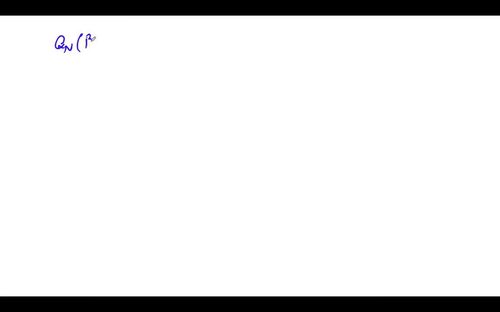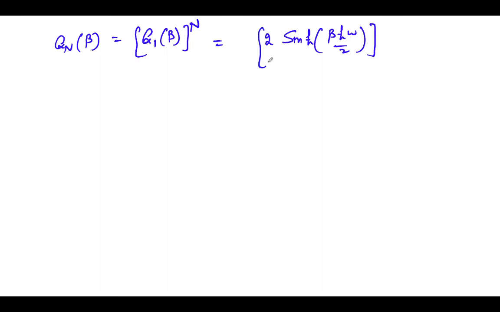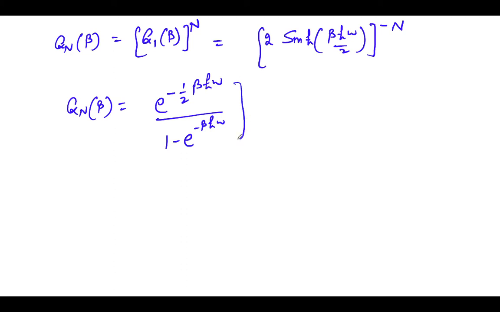So the value of this Q1b raised to power n. So this equation becomes 2 times sine hyperbolic beta h bar omega over 2 raised to power minus n. Or you can also write it in terms of the exponential function. As we have derived, this equation is exponential of minus 1 by 2 beta h bar omega over 1 minus exponential of minus beta h bar omega, raised to power n.